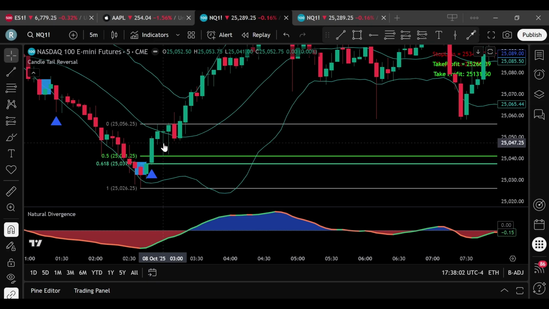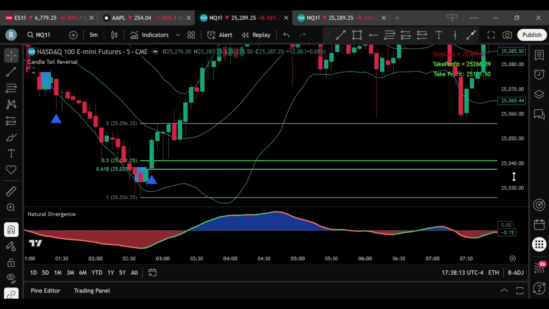If you wanted to wait for a retracement, which would have had to be pretty quick with this range because it's on a 5-minute chart. But still, I just want to show that the logic does play out.